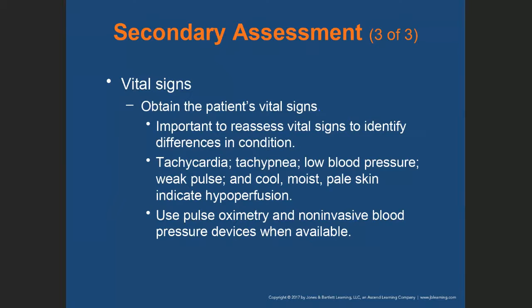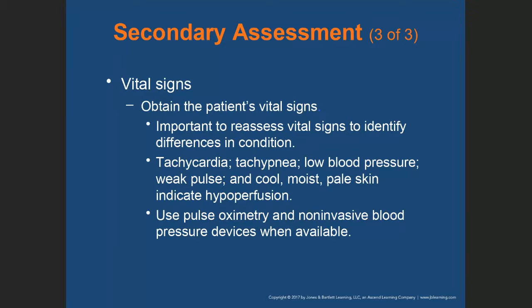In the secondary assessment, you're going to be obtaining your recorded vitals. Obtain the patient's vital signs. It is important to reassess vital signs to identify differences in condition. Tachycardia, tachypnea, low blood pressure, weak pulse, and cool, moist, pale skin are all indicators of hypoperfusion or shock.